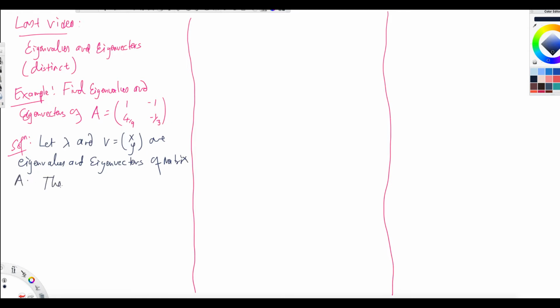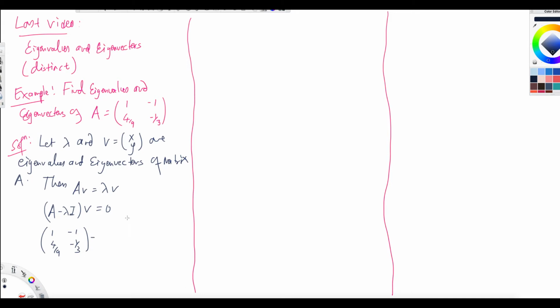Then we need to find out the eigenvalue lambda, right? How do I find out eigenvalue lambda? Then we write Av equals lambda v, right? So if you write that, you can write A minus lambda I, and then v equals 0, right? So what is our matrix A? Matrix A is 1, -1, 4/9, -1/3, right?